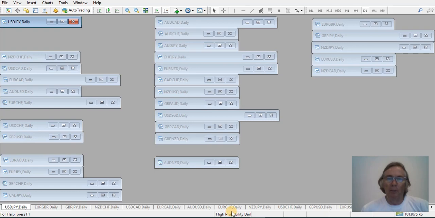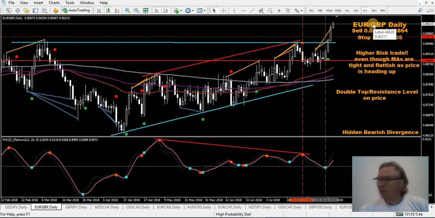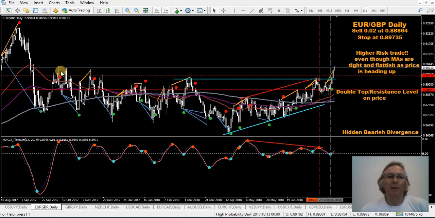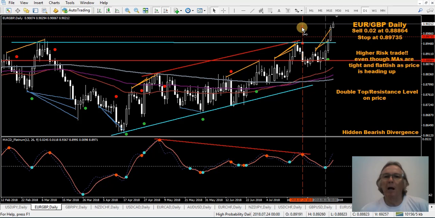Alright, in the high probability daily charts, let's have a look at my notes. Great start. I was in a sell on the euro pound, stopped out yesterday for a loss. Just burst through that. Now, this support level here, we're still at previous highs now, but it's heading up nicely, so it's in a sell. Closed out for a loss.